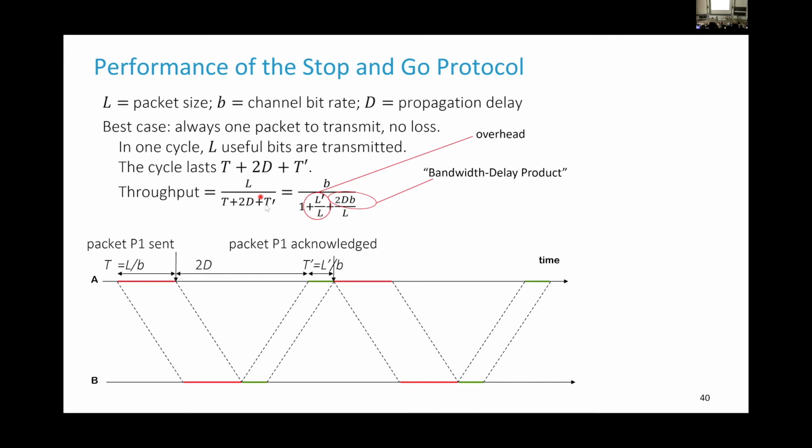And we obtain this formula here that relates the packet length. I'm assuming I'm sending a packet length. That also relates the overhead, which is the length of the acknowledgement. So this L prime here is wasted in some sense. It's not directly useful for the transfer that I'm doing here.